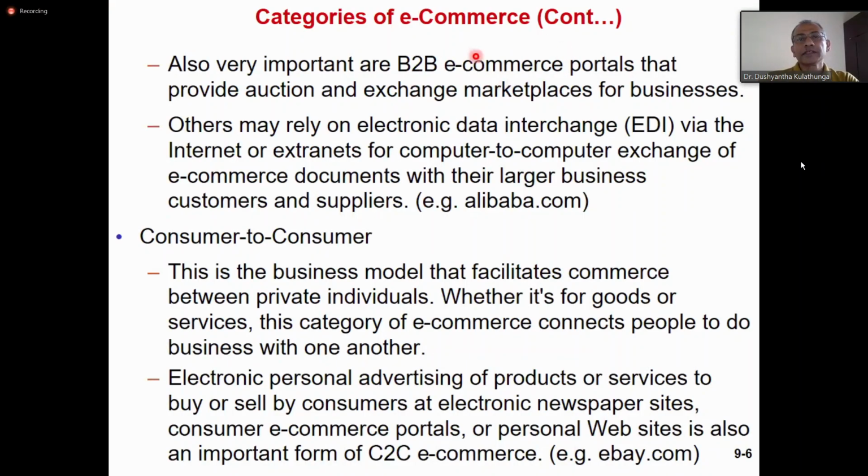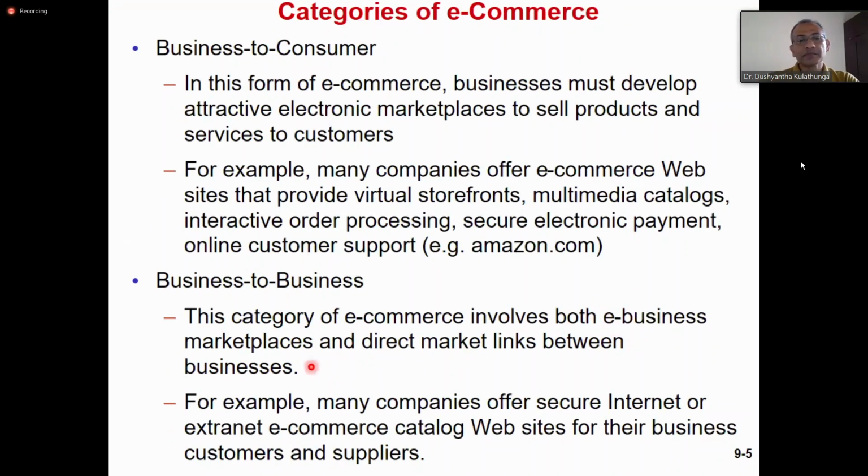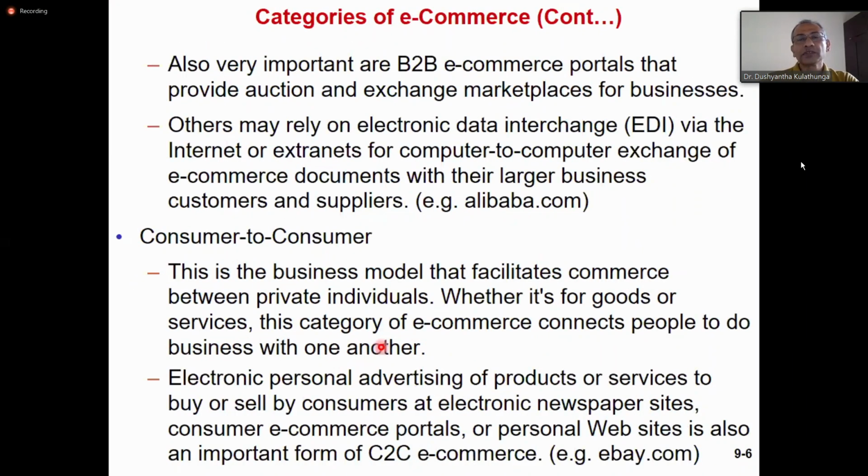The term used here is B2B e-commerce portal, but here it says e-business marketplace. Both refer to the same thing. It is an online marketplace connecting business buyers and business sellers. This online marketplace can be created by a third party, or there can be other arrangements also.